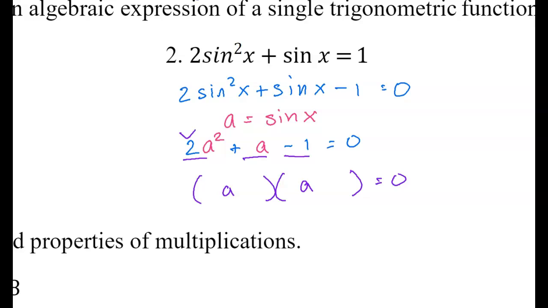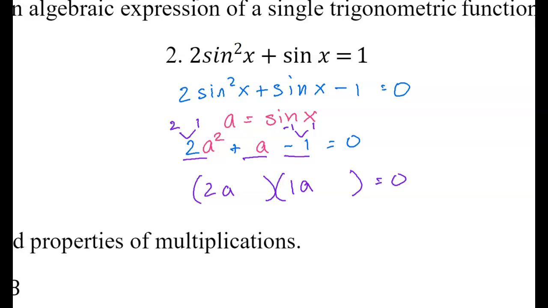The only two numbers that go into 2 are 2 and 1, so I know it's going to be a 2 and a 1. And then the only numbers that would factor to give you negative 1 are negative 1 and 1.